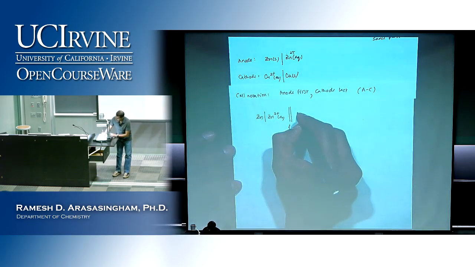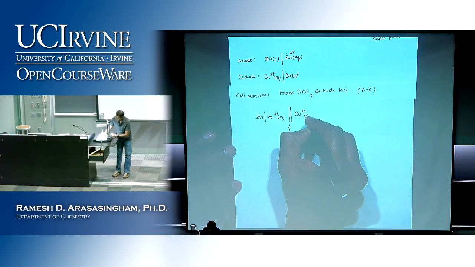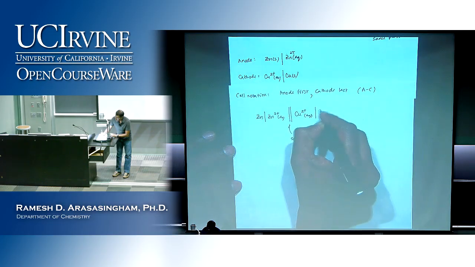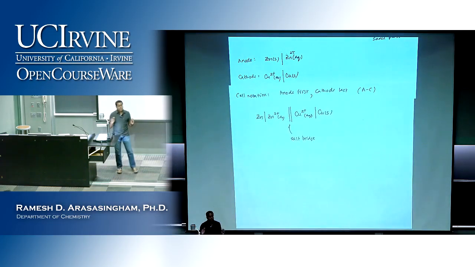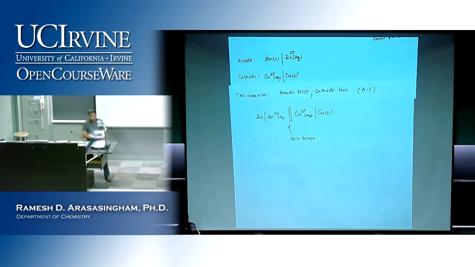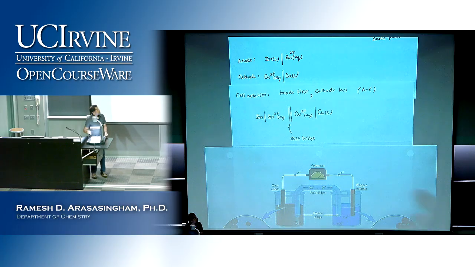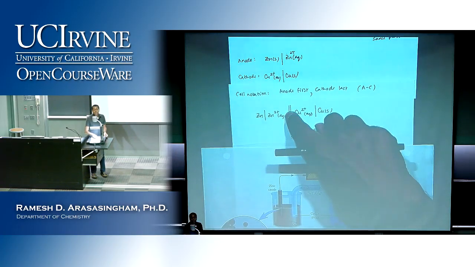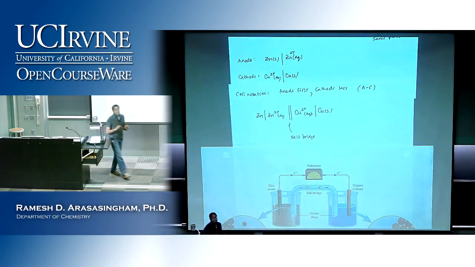And then on the other side, we have the cathode, reactant first, vertical line, product. So, what does this symbol convey? To chemists, this symbol represents this picture. So every time you see this, that's what this picture represents.